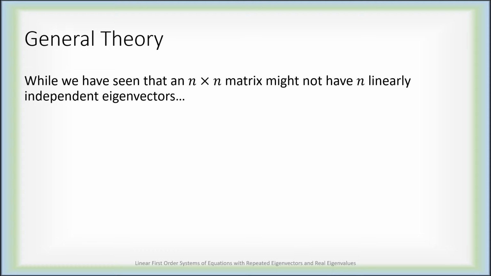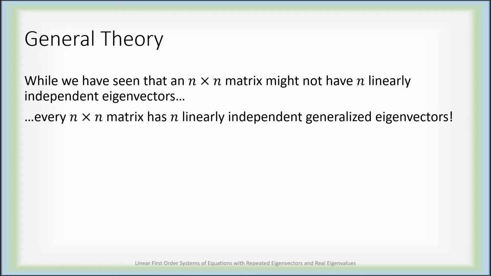Now we've seen that an n by n matrix may not have n linearly independent eigenvectors. But every n by n matrix does have n linearly independent generalized eigenvectors. The proof of this statement is way beyond anything we want to get into. Take it as fact. An n by n matrix does have n linearly independent generalized eigenvectors.